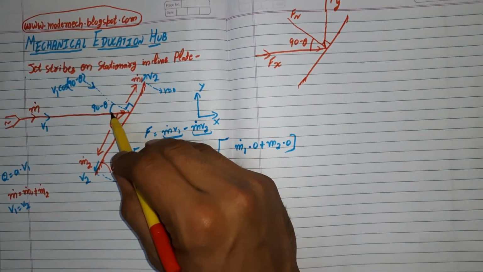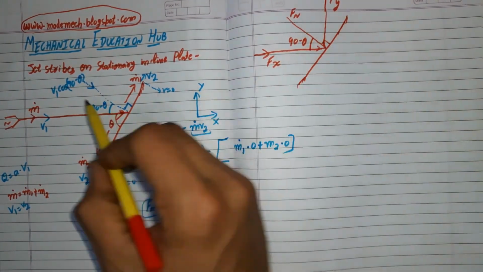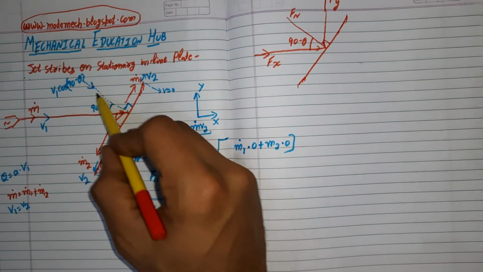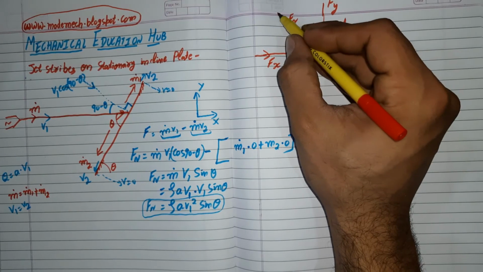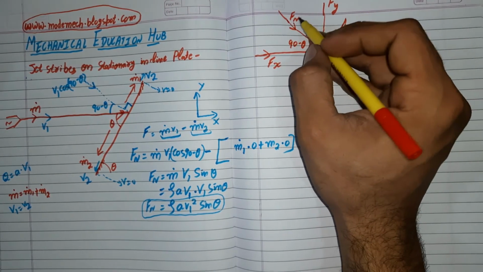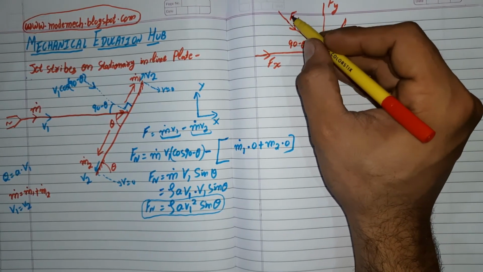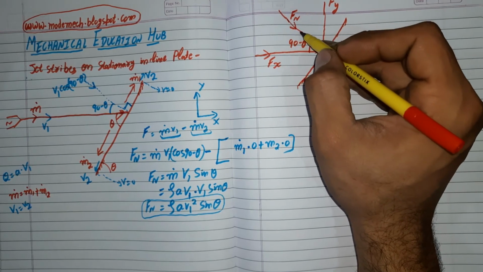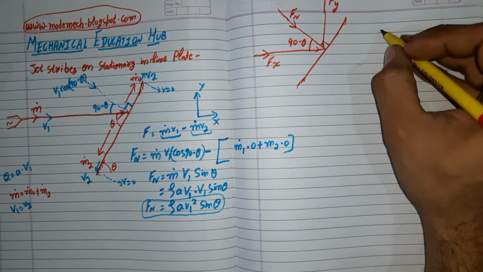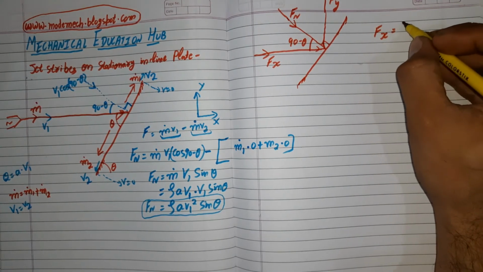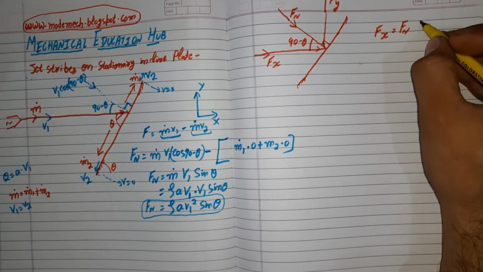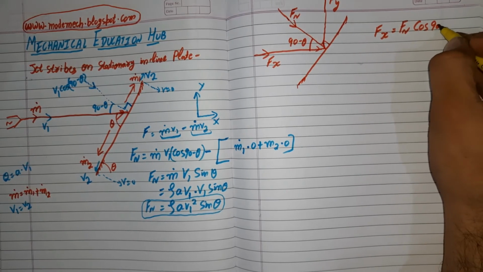Here you can see that this is our normal direction, so Fn will be along this direction. If we split this normal force into its sine and cos components, we will get Fx equal to Fn cos 90 minus theta.